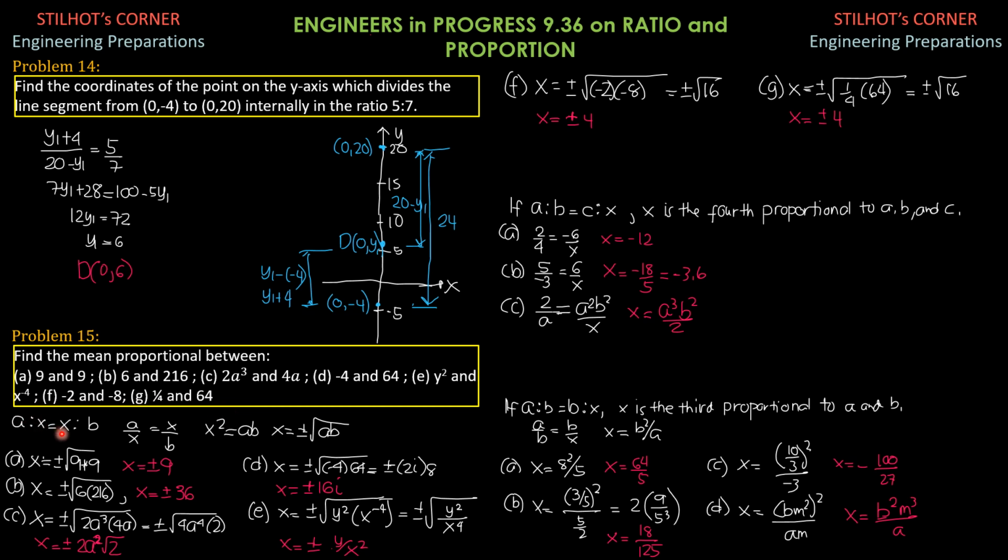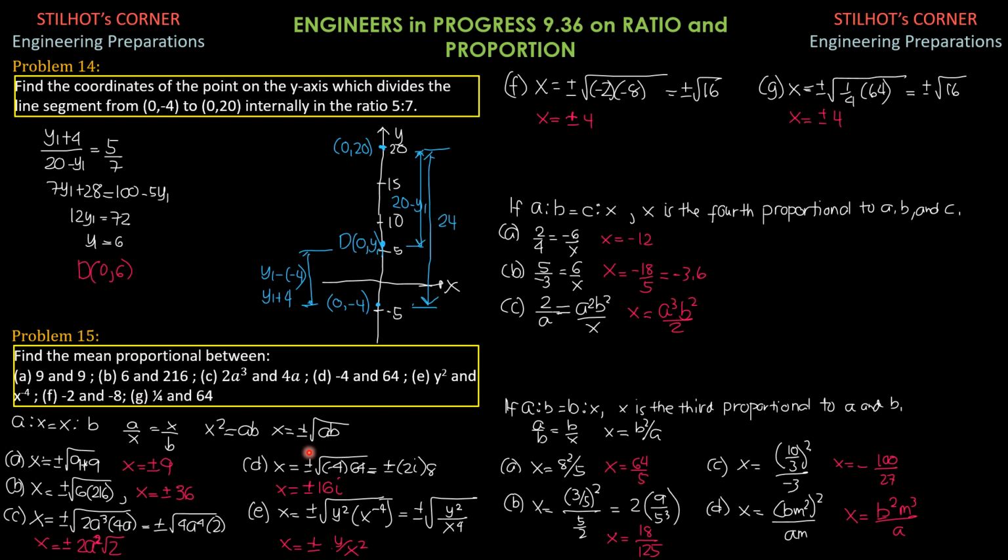A as to x equals x as to b. X is the mean proportional between A and B, and B is the third proportional to A and x. So that's the definition. Therefore, A over x equals x over b. So cross multiply, x squared equals ab. Therefore, x is plus minus square root of ab. So this is our guide formula so that we can solve and analyze these problems shortly and easily.